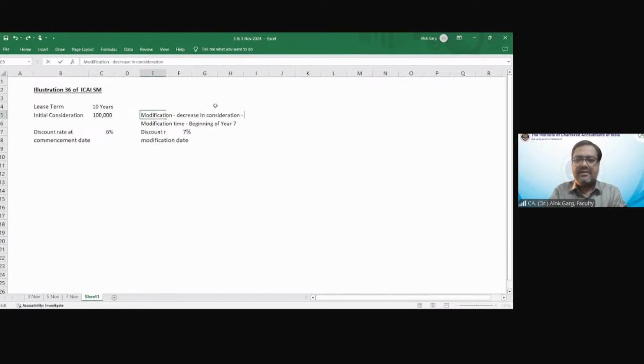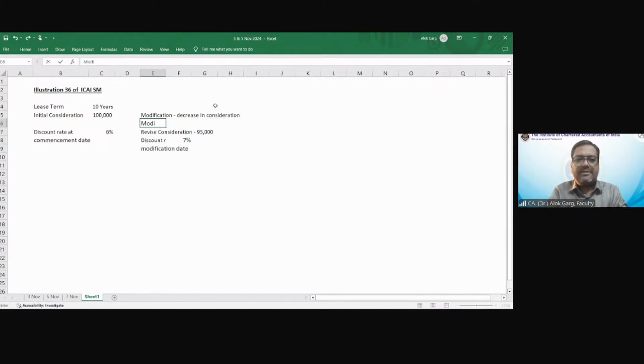Decrease in consideration by 5,000. So the revised consideration after 5 years is 95,000.